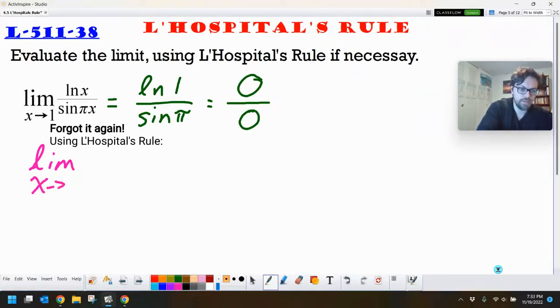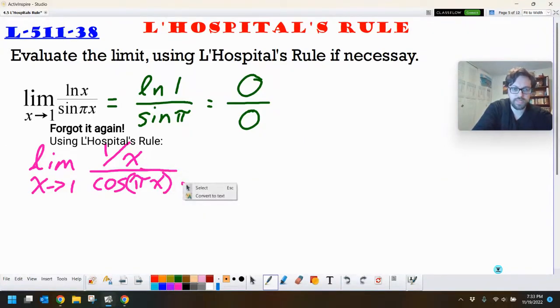X approaches 1. The derivative of the top is going to be 1 over x, over the derivative of the bottom. The derivative of sine is cosine of pi x. We then have to apply the chain rule, so the derivative of the inside is going to be pi.